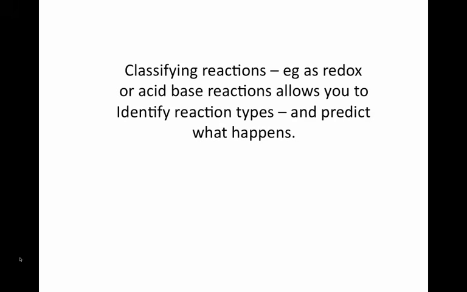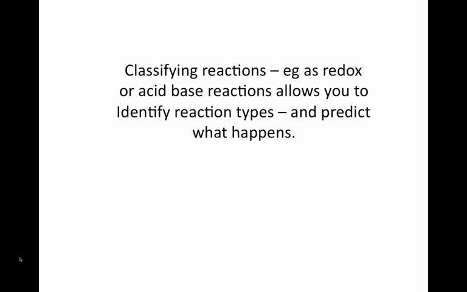If you can classify reactions, for example, as a redox reaction or acid-base, it allows you to identify reaction types and predict what's going to happen. It'll save you memorizing all the reactions that you ever learn. Some students do try to do this, but it's not a very successful strategy.